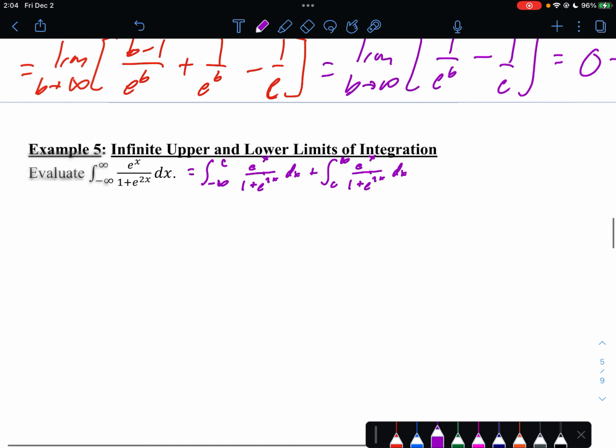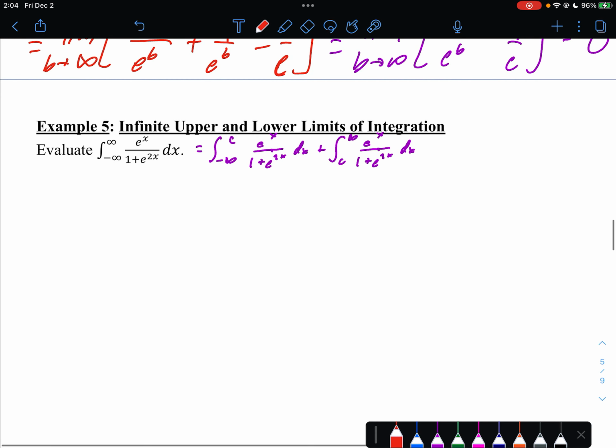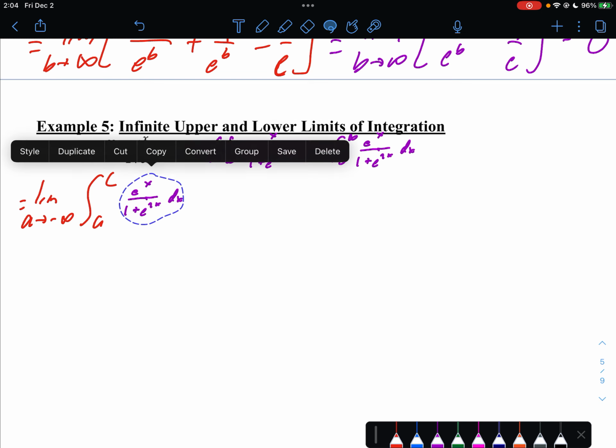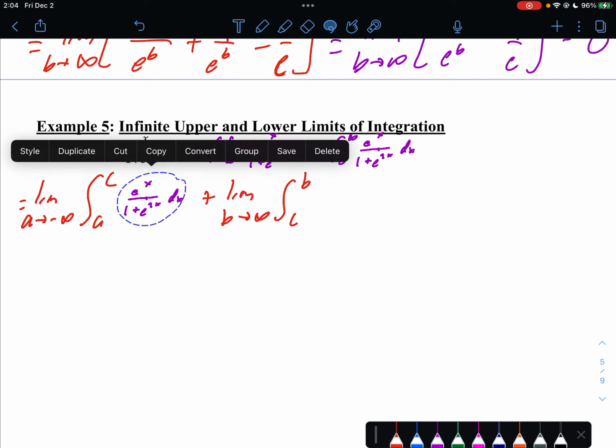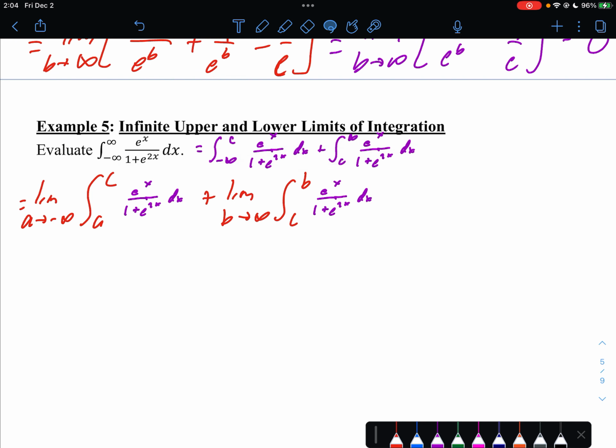Now I'm going to write this as a limit. So it's going to be equal to two limits: the limit as a approaches negative infinity of the integral from a to c of this, plus the limit as b approaches infinity of the integral from c to b of this.